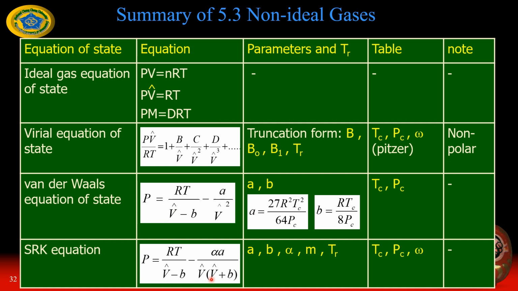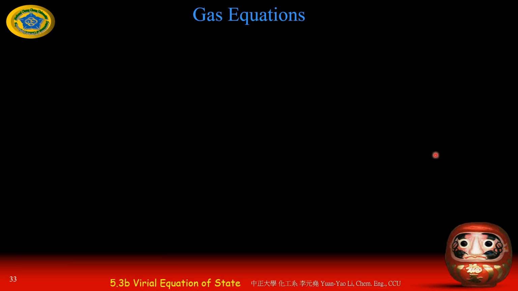Okay, cubic of the volume. And as you can see, if this P goes to this side, this will be a cubic function. Okay, so again, you have some parameters, and you can find TC, PC, and omega from the table. Right, so this is the summary of the 5.3 non-ideal gases.